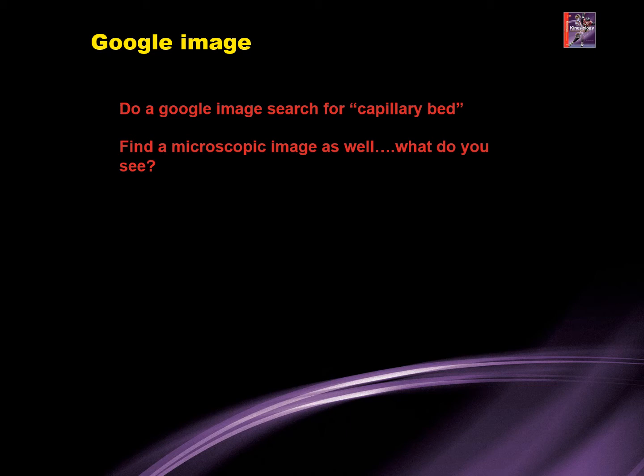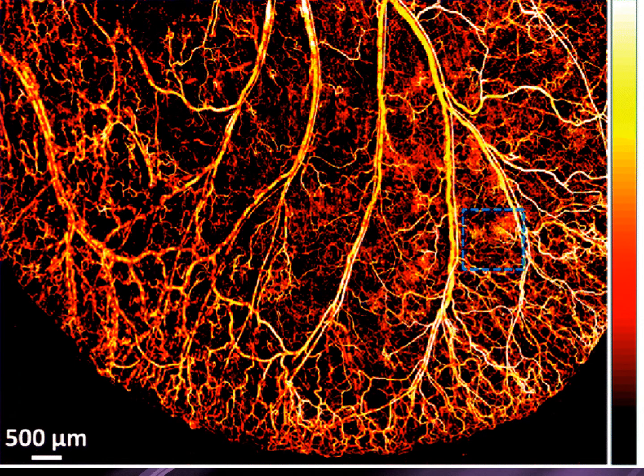Right now, I have a Google image of a capillary bed. Okay, here's the image of the capillary bed. This is an image of your heart, and you can see all of those squiggly lines are the microscopic capillaries.